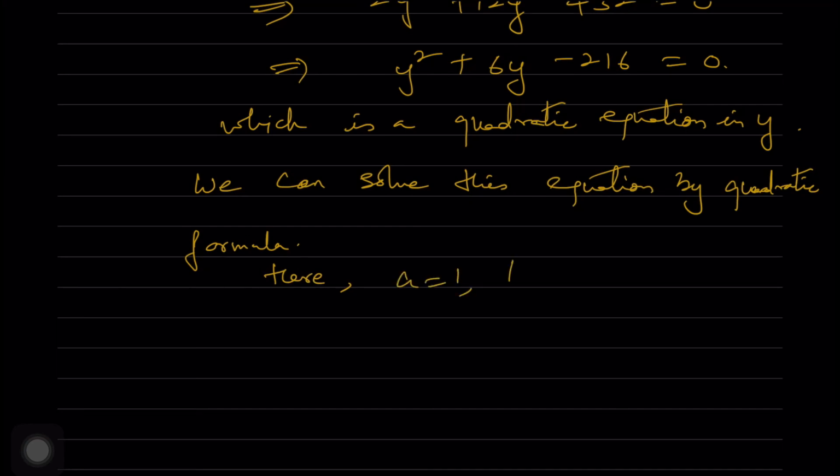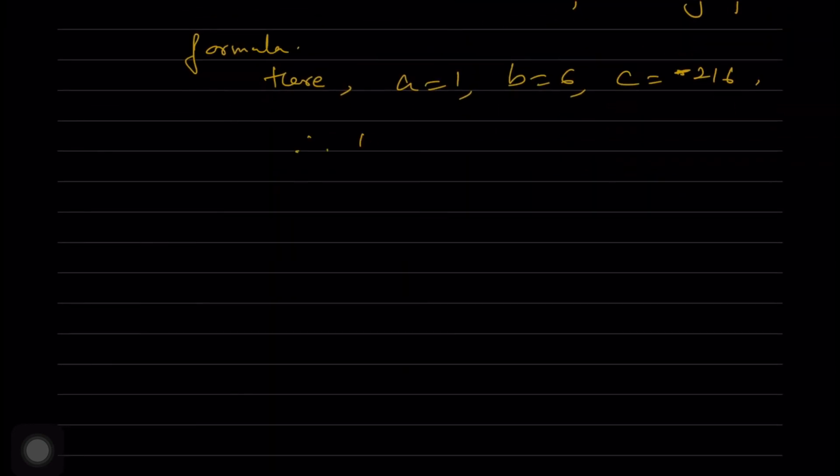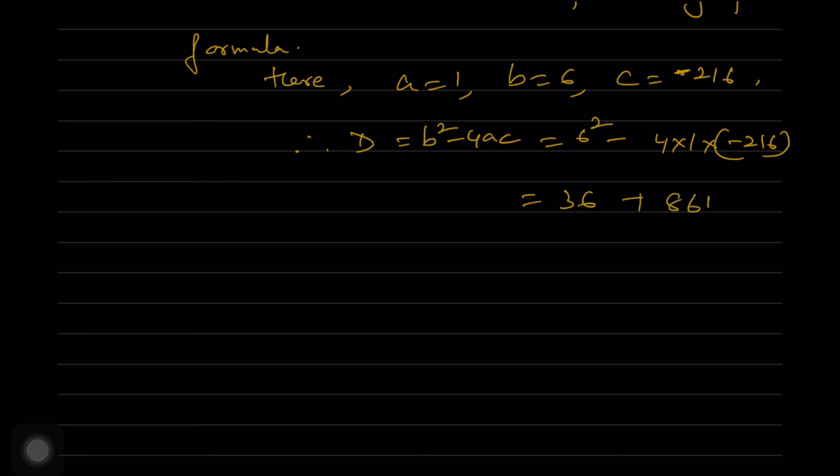Here a is equal to 1, b is equal to 6, c is equal to minus 216. Therefore d is equal to b square minus 4ac, which is equal to 6 square minus 4 into 1 into minus 216, which is equal to 36 plus 864, which is equal to 900.